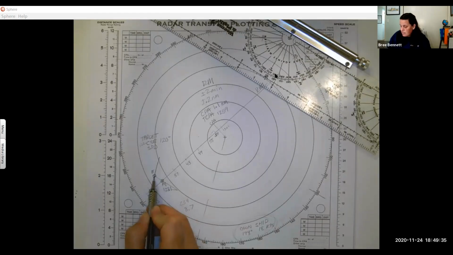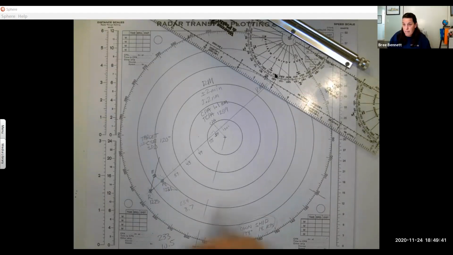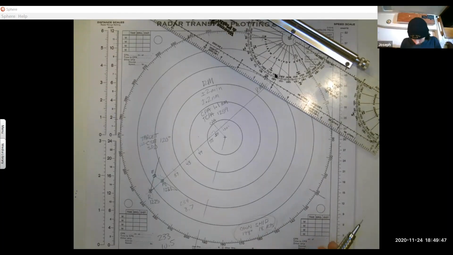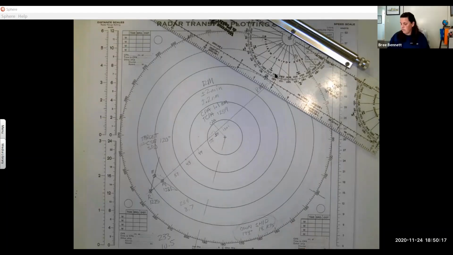So now we can measure E to M. That's what I was doing wrong. And that's them. Keep going down. I got 121. Sounds good.